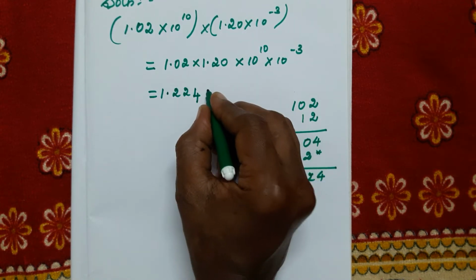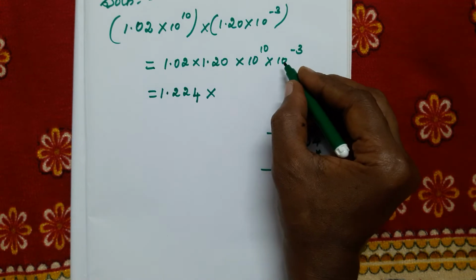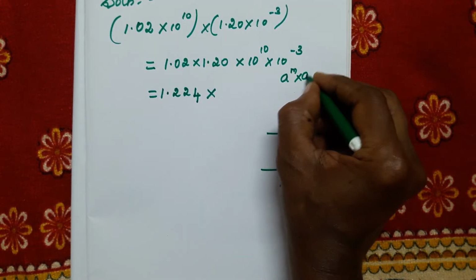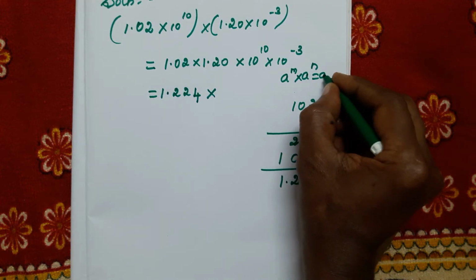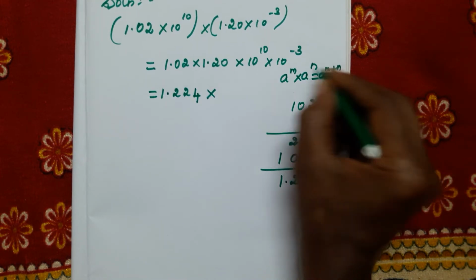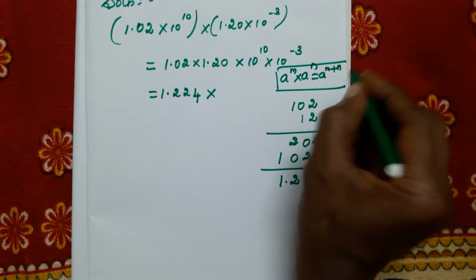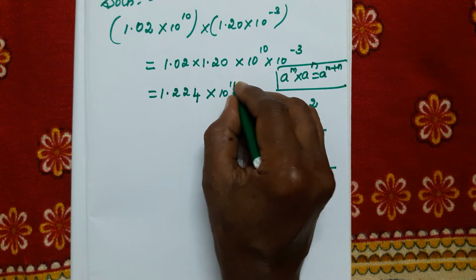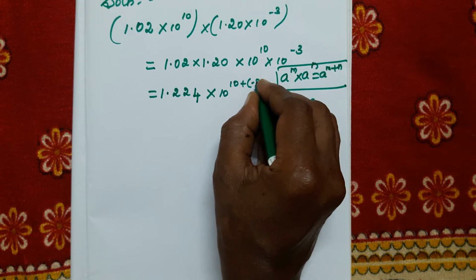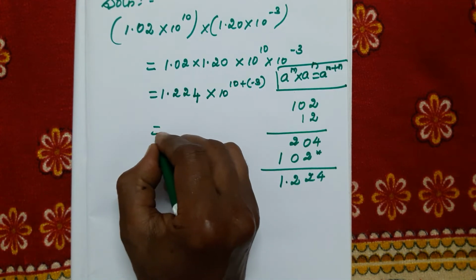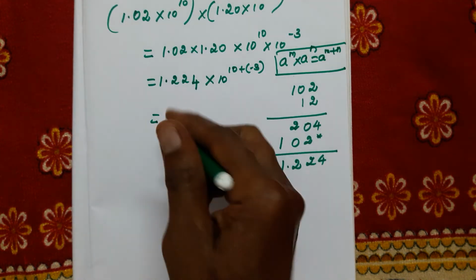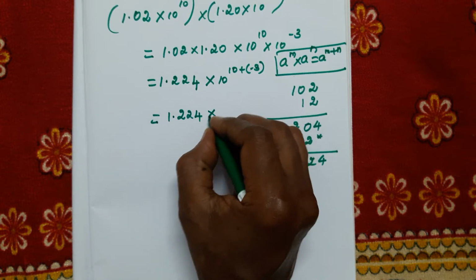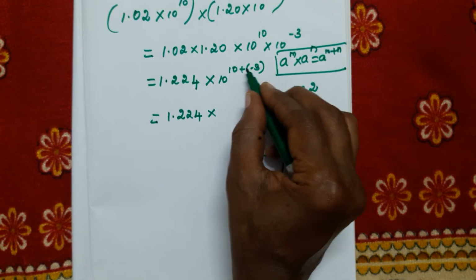1.224 into, here we have to use the property a power m into a power n is equal to a power m plus n. When we are using this property, what we are getting? 10 power 10 plus minus 3 is equal to 1.224 into 10 power 10 plus minus 3.